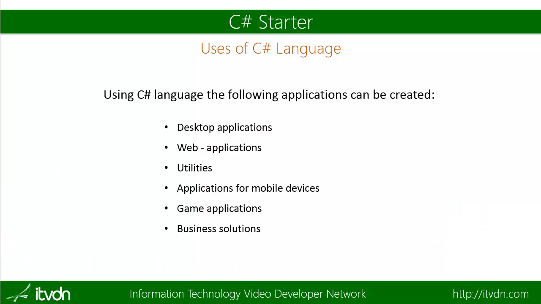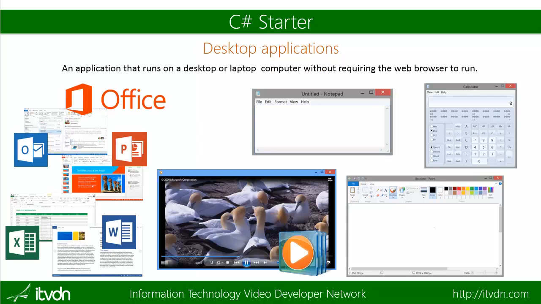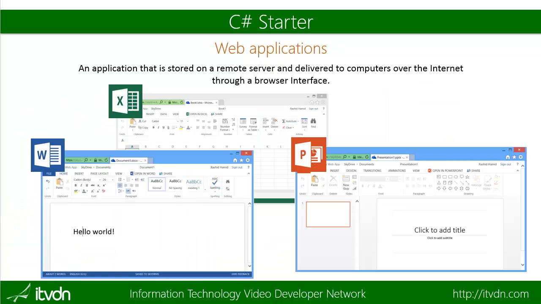Then we also looked at what desktop applications are. Desktop applications are applications that run on your laptop without requiring a web browser. You can see some examples. Then we looked at web applications, which are applications stored on a remote server and delivered to your computer through a browser interface.